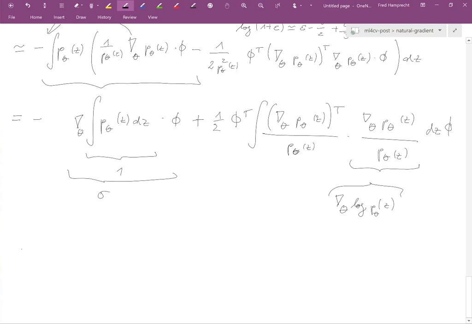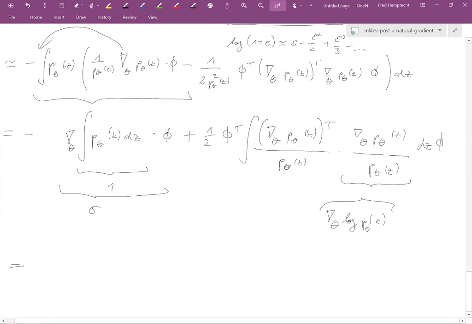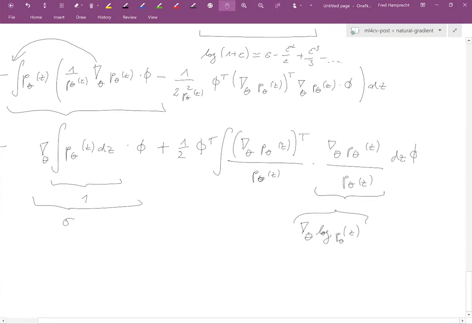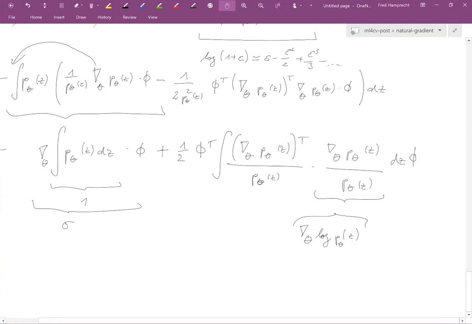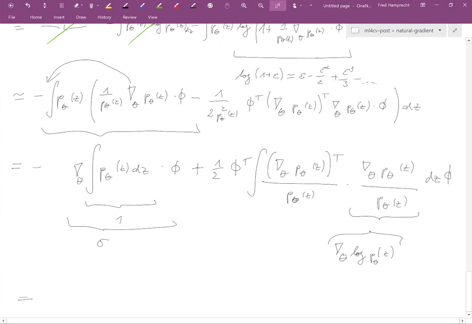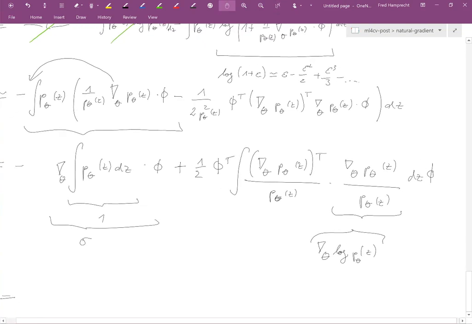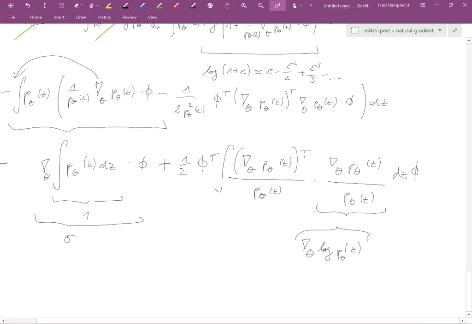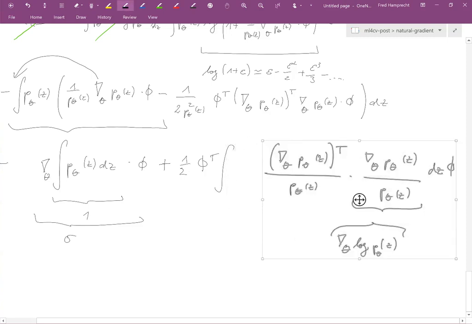So this whole thing can be rewritten in the end. And there's still a mistake somewhere. Yes, I lost the multiplication with p of theta. So here.